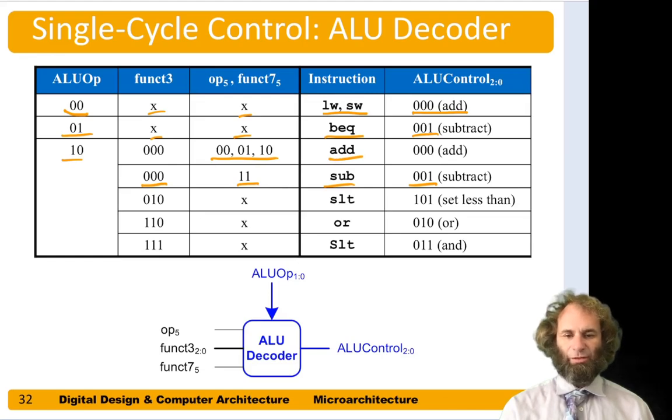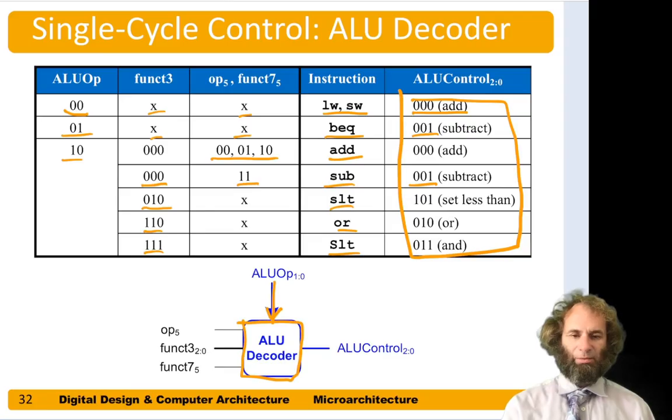The others are more straightforward. When funct3 is 2, we want to do a set less than. When it's 6, we want to do an OR. When it's 7, we want to do an AND. And here are the answers that would come out of ALU control. So ALU control is a block of combinational logic. It has inputs ALU op right here, and funct3 and the op here.